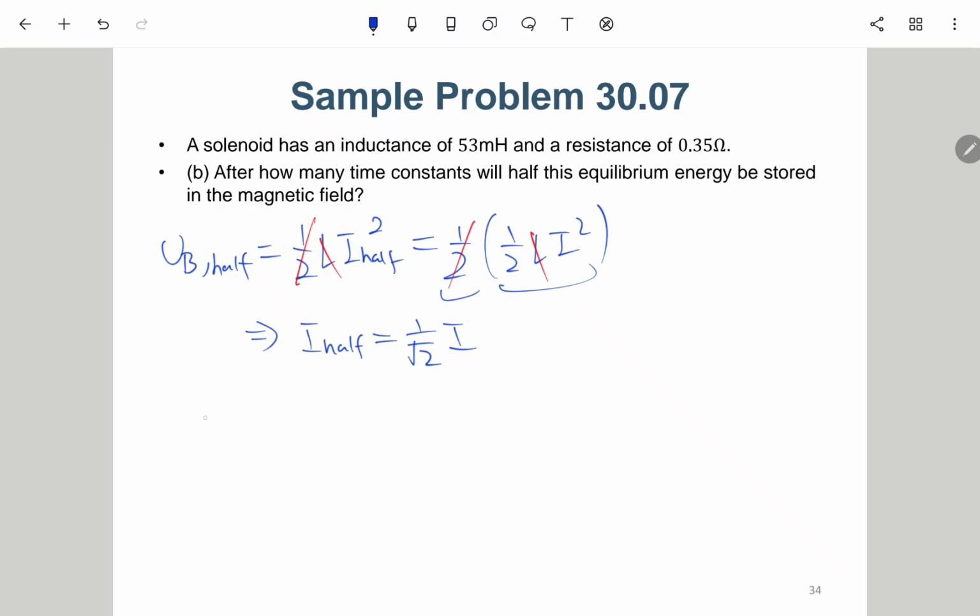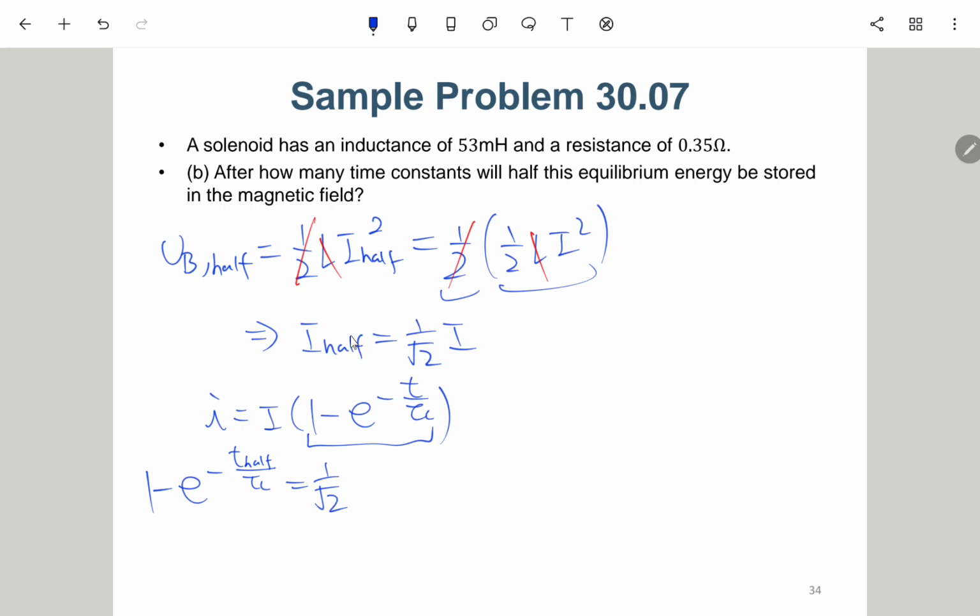Okay, and then still we recall I equals I and then 1 minus exponential to negative t over tau L. Okay, so here we would like to have exponential to negative t half over tau L, or I should say 1 minus this one will be 1 over square root of 2.